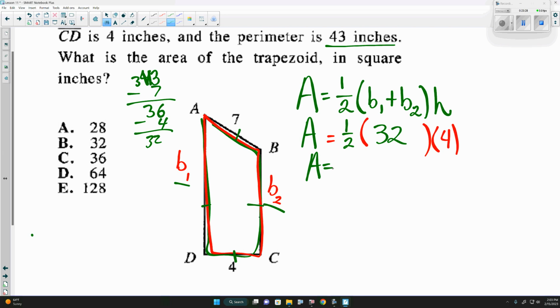So what's half of 32? And we need to do 16 times 4. Because what's 16 times 2? And 32 times 2 is?